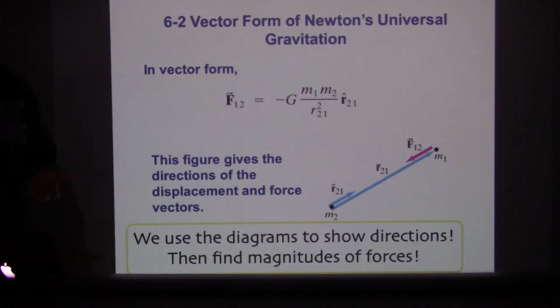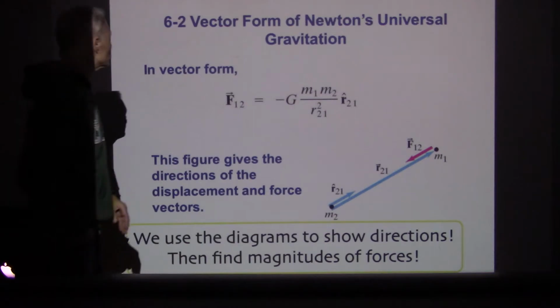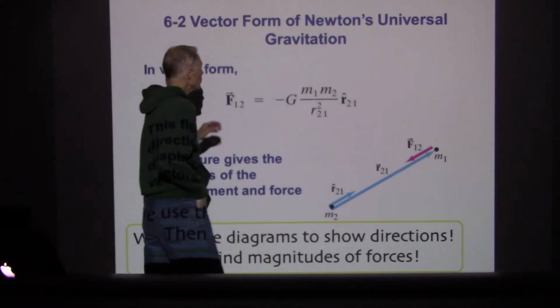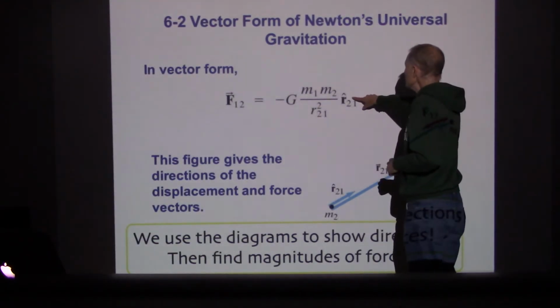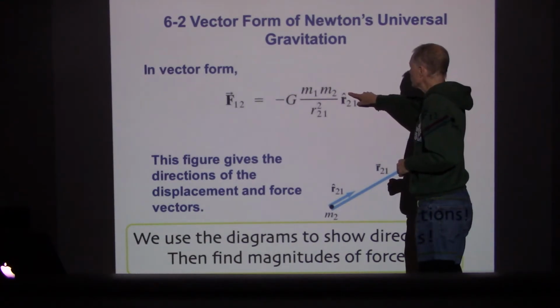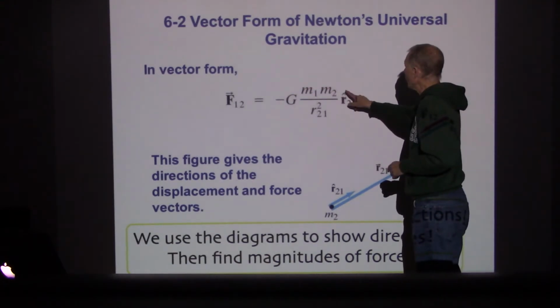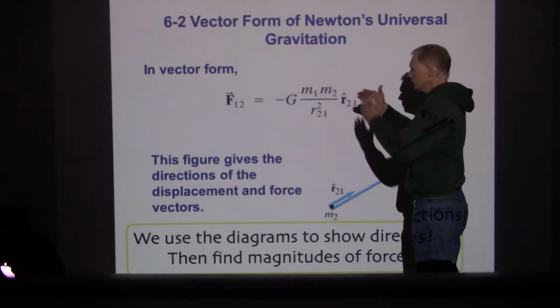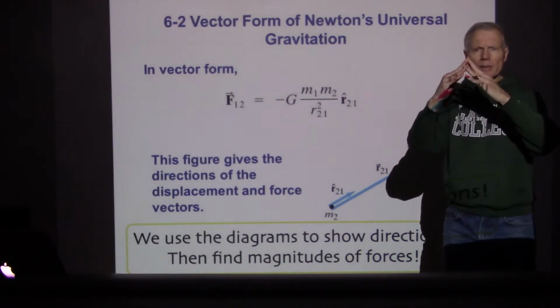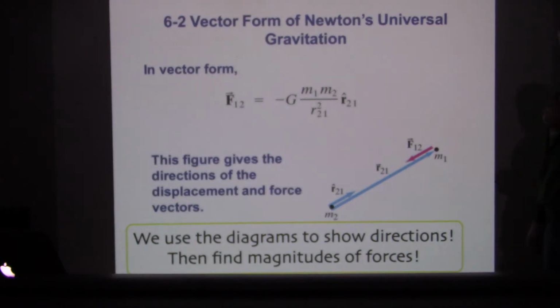All right, now the textbook goes through and presents this very detailed vector setup for the gravitational force. I think it's a bit overkill. I don't think you have to go into quite that much detail. But I'm going to go through it. This is what they're calling a unit vector. Instead of a full arrow, it's got this little peaked hat on top of it that says it's a unit vector.